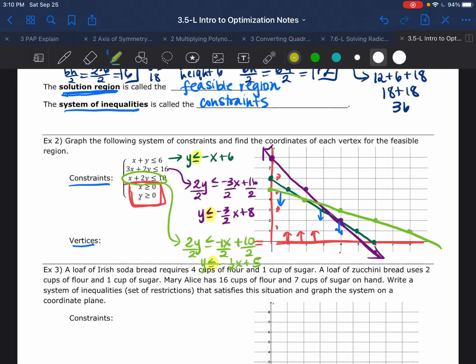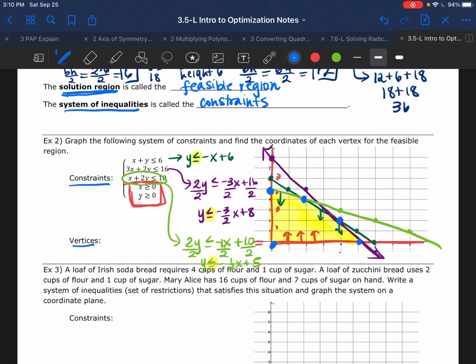So below this green, below the dark green, below the purple, and then following those red lines. Okay, and so the vertices of our region is this point, this purple point, and if you use a straight edge, yours is going to look way better than mine, and then this purple.